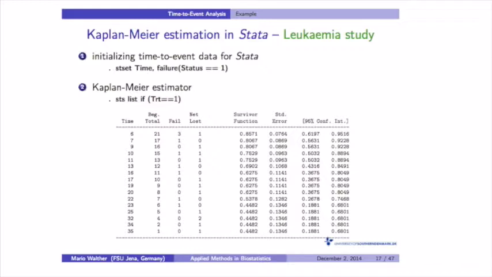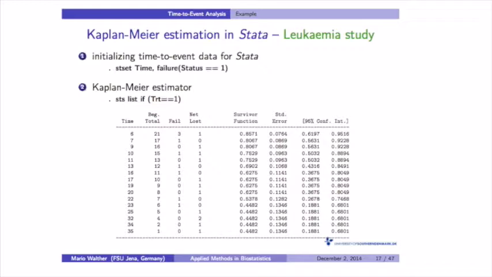If you compare these results only where events occurred, these are the time points, then you see that the calculations made by hand give the same values compared to the values given in this table. If you look at this time or this time, you will see that it's the same value.